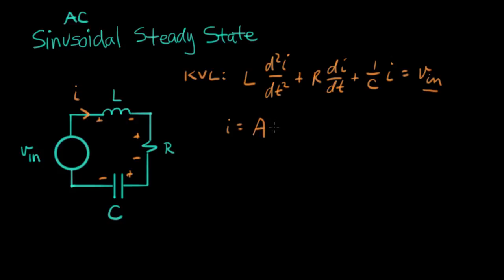It's going to be some constant times e to the some natural frequency times t. So A e to the st is our proposed solution for I as a function of time. You remember we called s a frequency term because s times t has to have no units. So s has units of 1 over time, or frequency. That's called the natural frequency.